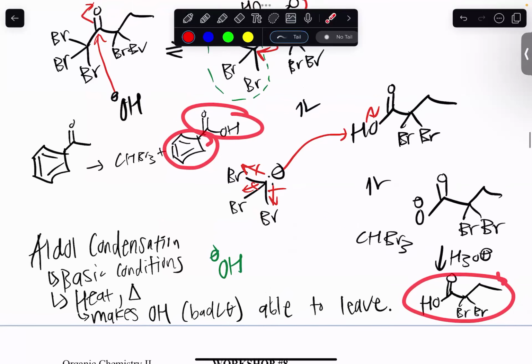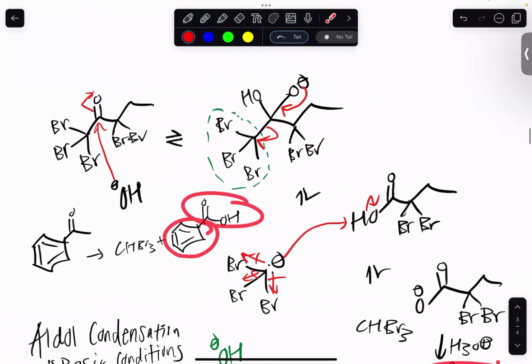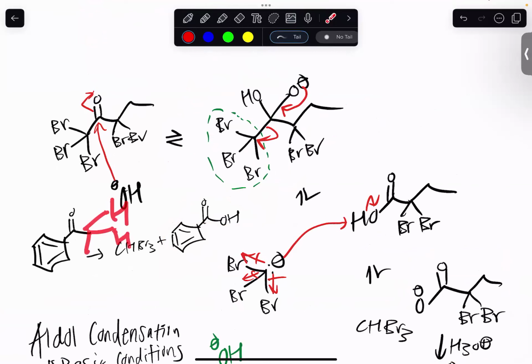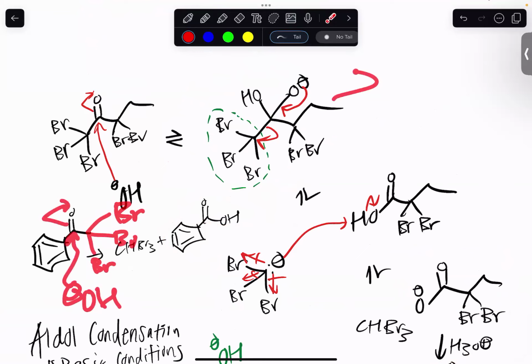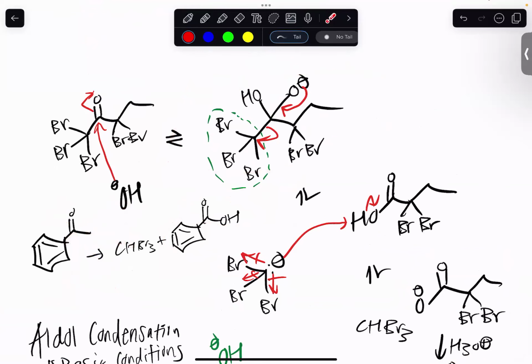It's base catalyzed, so it goes through the three alpha hydrogens one by one, making the bromoform. Then in basic conditions, the base attacks the carbonyl, popping that double bond onto the oxygen, and then it comes back down and pushes the bromoform out. You're left with the OH group.